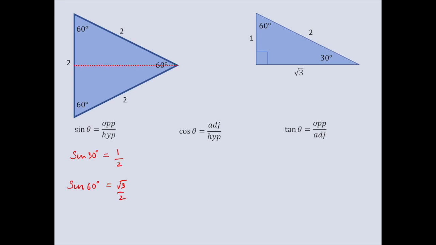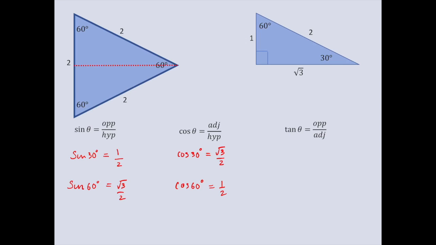Looking at cos now, adjacent over hypotenuse, we can write that cos of 30 degrees will be adjacent over hypotenuse, so that's root 3 over 2. And cos of 60 degrees will be adjacent over hypotenuse, that's 1 over 2, isn't it?